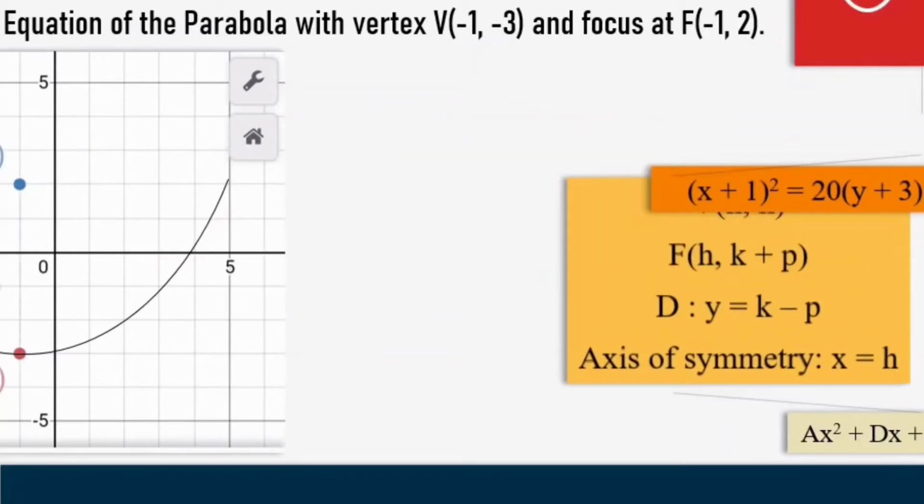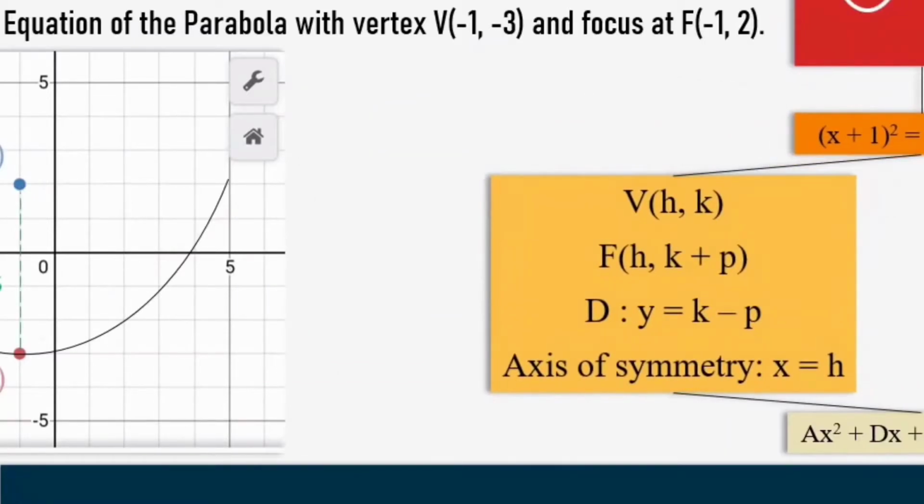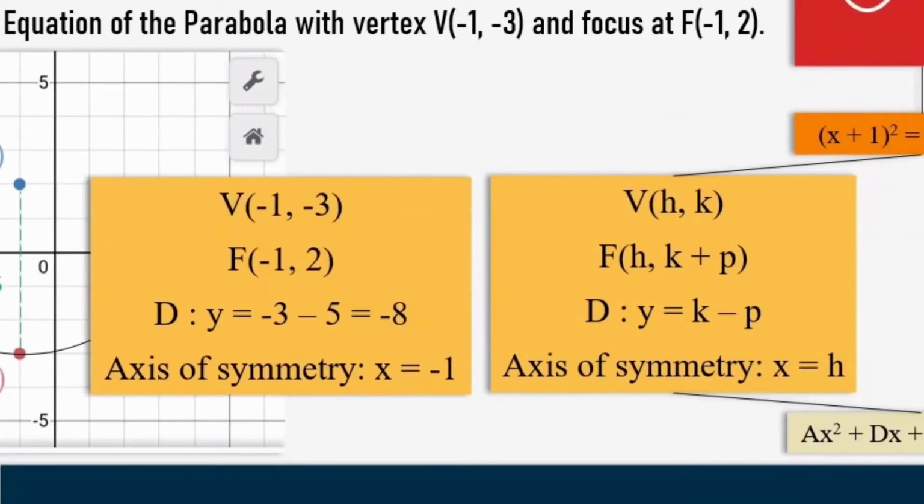Moving on to its properties, the vertex is given, that is negative 1 and negative 3. Also for the focus, we have negative 1 and 2. And to know the equation of the directrix, the equation is y is equal to k minus p. So again, substitute lang natin yung mga given. Y is equal to negative 3 minus 5, which is equal to negative 8.